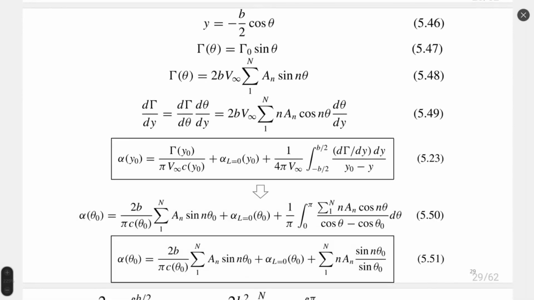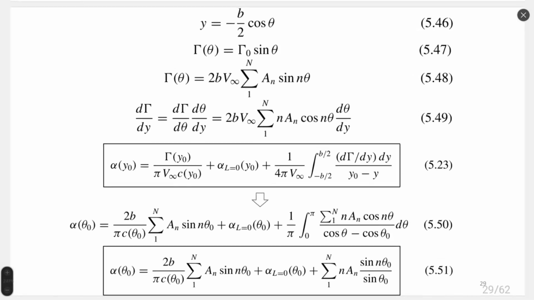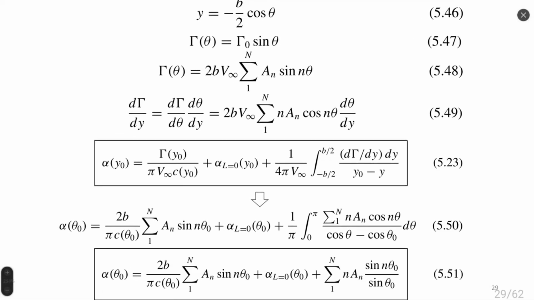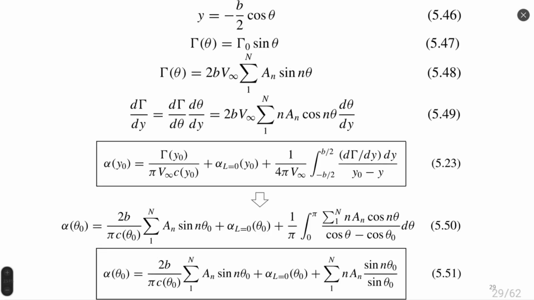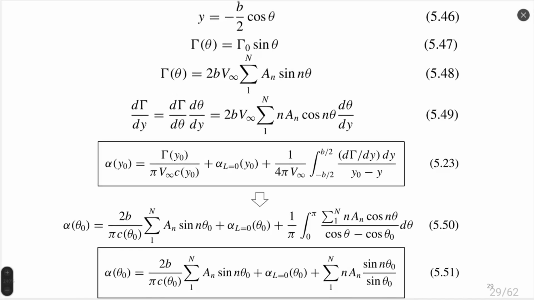The equation which you saw previously, 5.23 from our previous discussion, gives a relation between the geometrical angle of attack and alpha L0, the angle of attack at zero lift coefficient, also giving a relation to the circulation over the airfoil, and the behavior of circulation over the airfoil along the wing can be solved analytically.